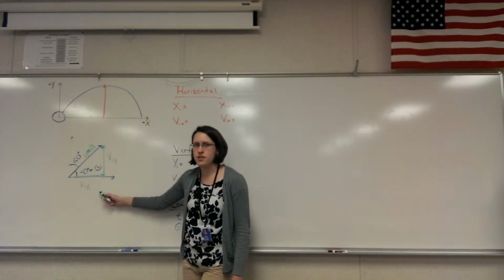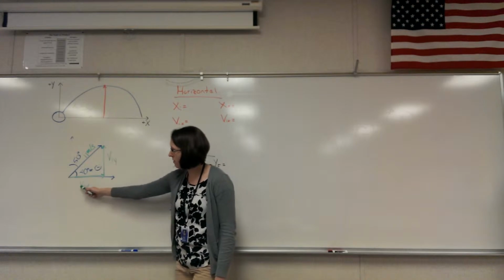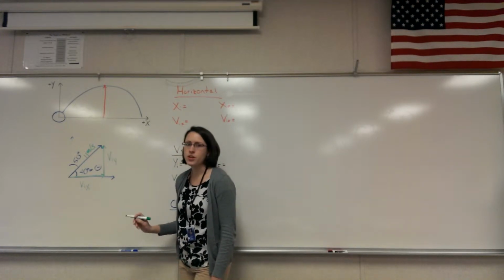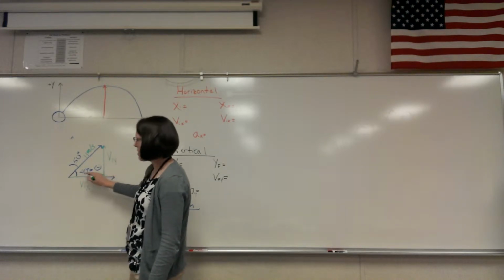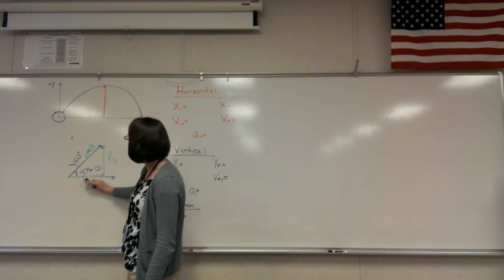To find our initial velocity in the horizontal direction, velocity initial x, we can use a trig function. This leg is adjacent to our angle, so let's use cosine.